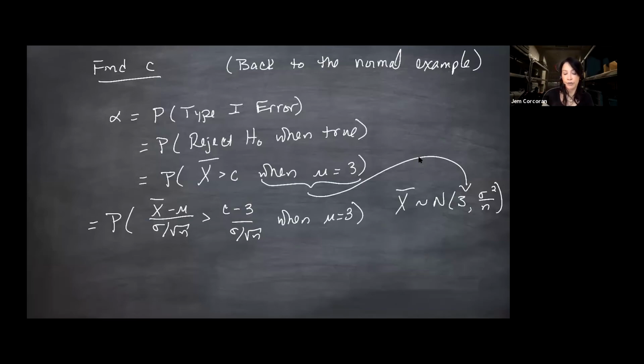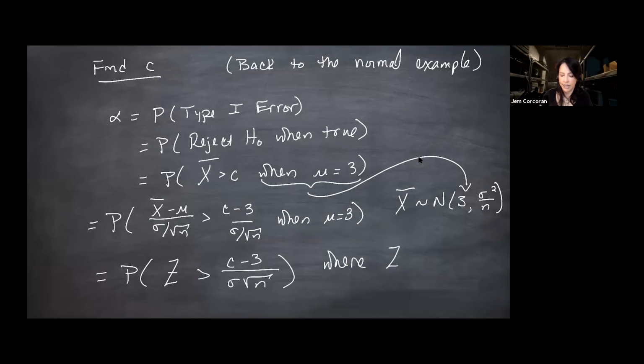And it's important to write at this point when mu equals 3, because if mu is 4, then this is a normal, but it's not a standard normal. But if mu is 3, then I can call the thing on the left a Z. And then I'm going to write after this line where Z is standard normal. And now I've used up the information that mu equals 3, so I'm going to stop writing it.